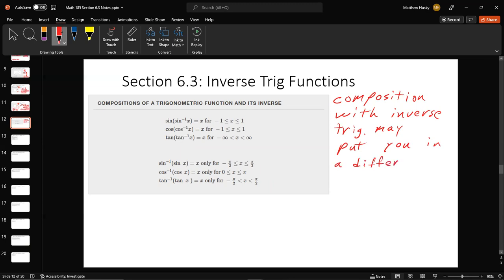If you're not altogether sure what I mean by that, bear with me, and when we go over some examples, that'll make more sense. This is just going back to the limitations on which quadrants the trig functions are defined for.